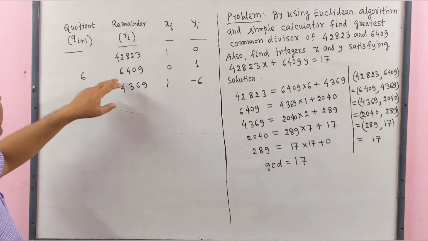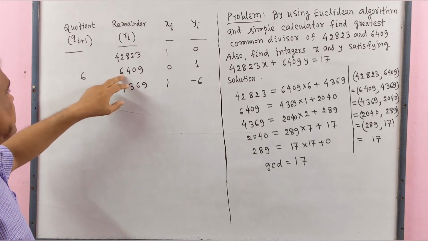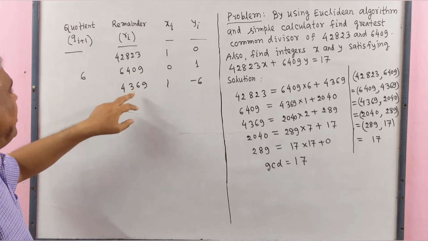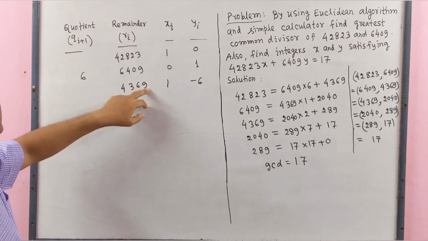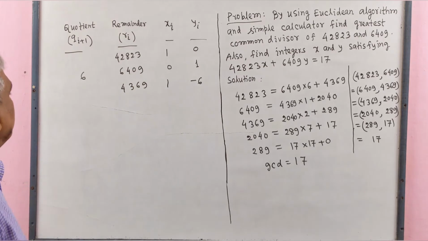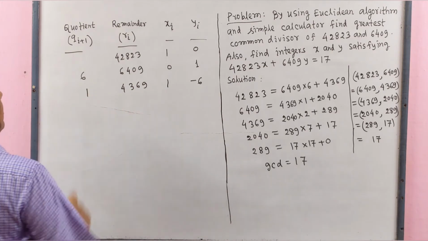Now we divide 6409 by 4369. We get quotient 1.